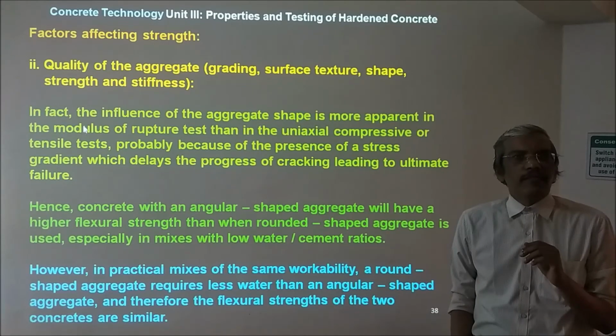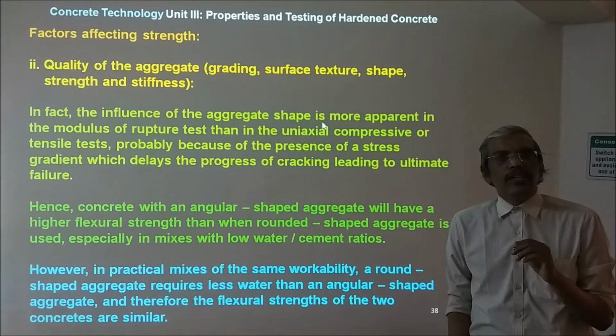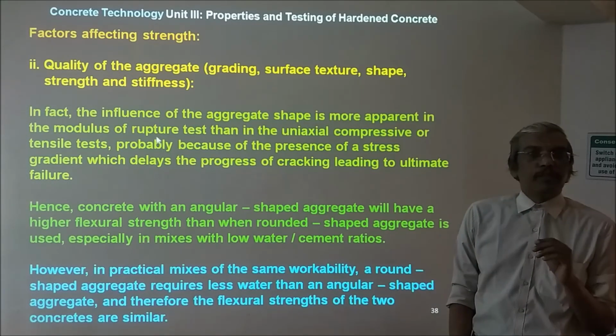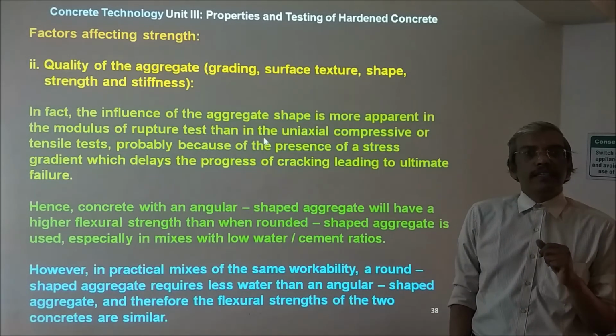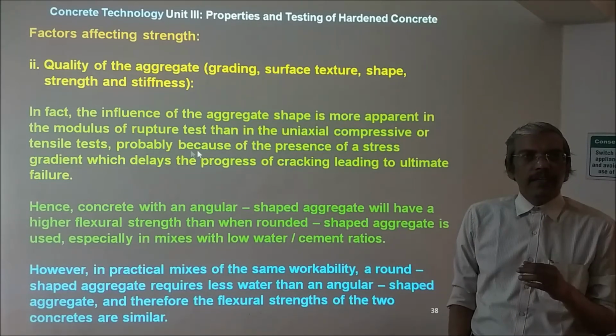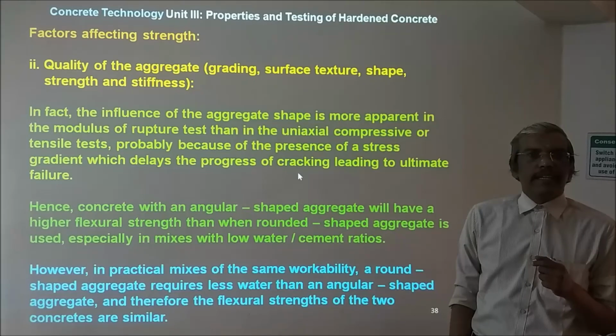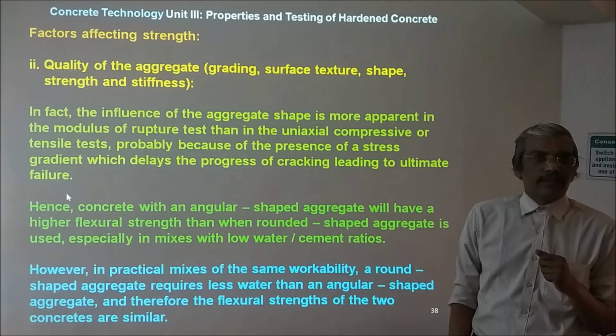In fact, the influence of the aggregate shape is more apparent in the modulus of rupture test than in the uniaxial compression or tensile test, probably because of the presence of a stress gradient which delays the progress of cracking, leading to the ultimate failure.